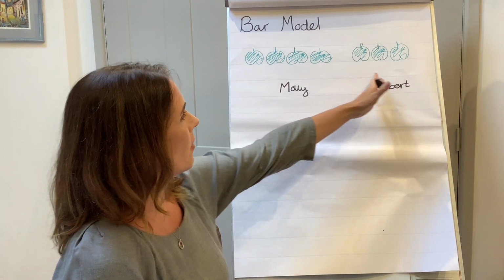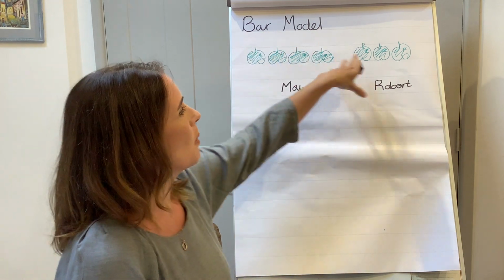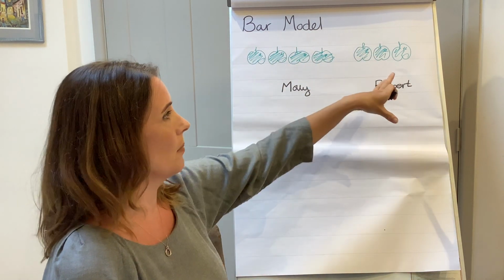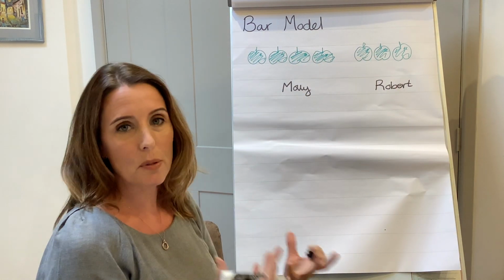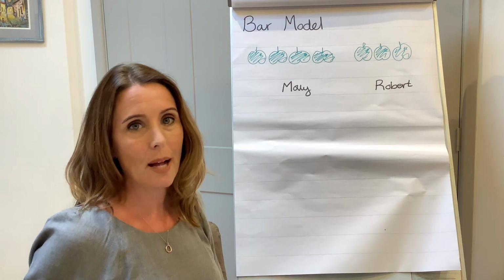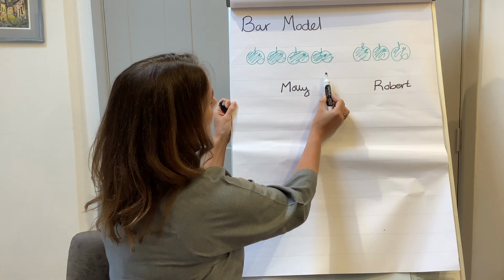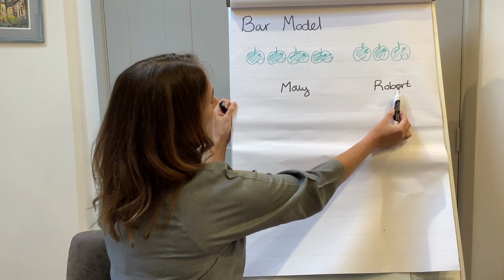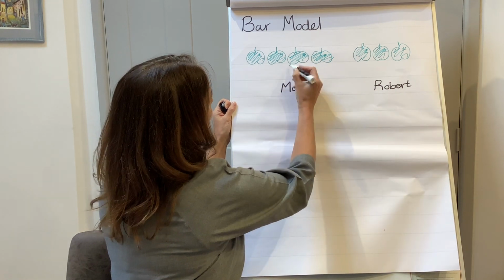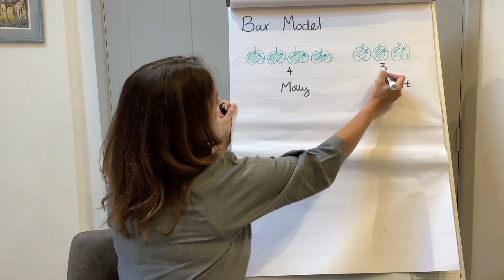Now, that one-to-one correspondence at the beginning, line them up in a line, physically touch them. It'd be ideal if you could use apples and physical things, but if not, use counters to represent the apples. So, we know that Molly's got 4, and we know that Robert has got 3.